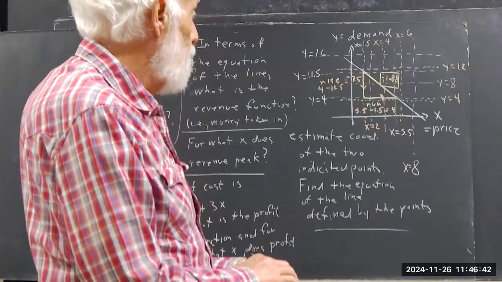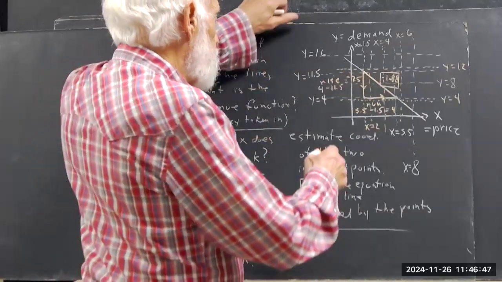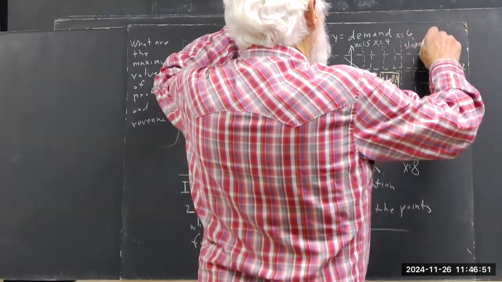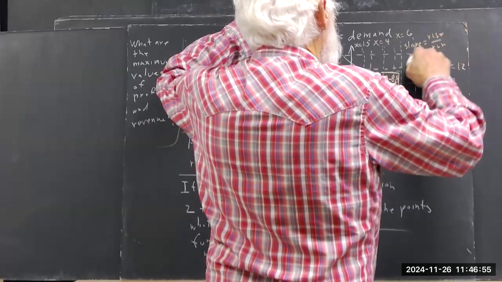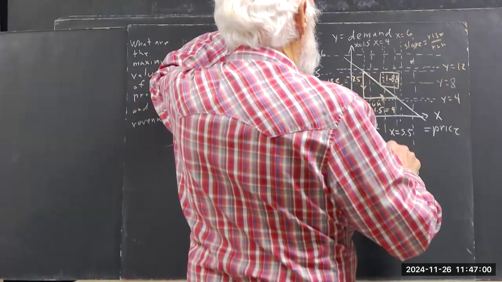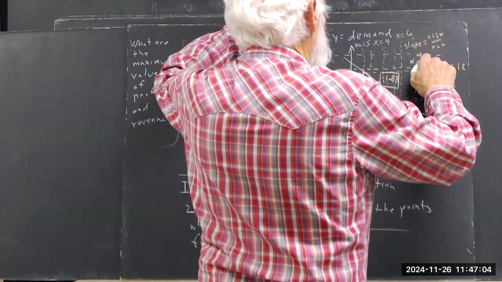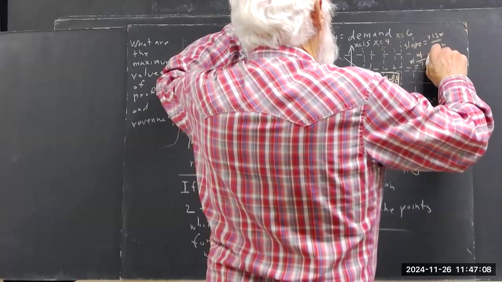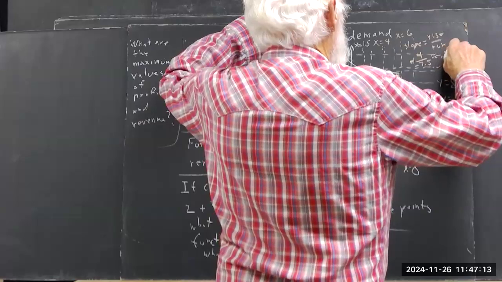Now, I want to document that calculation. So I'm going to say slope equals rise over run. Uh-oh, and I got it backwards, which is 4 over negative 7.5, which is approximately equal to 5.